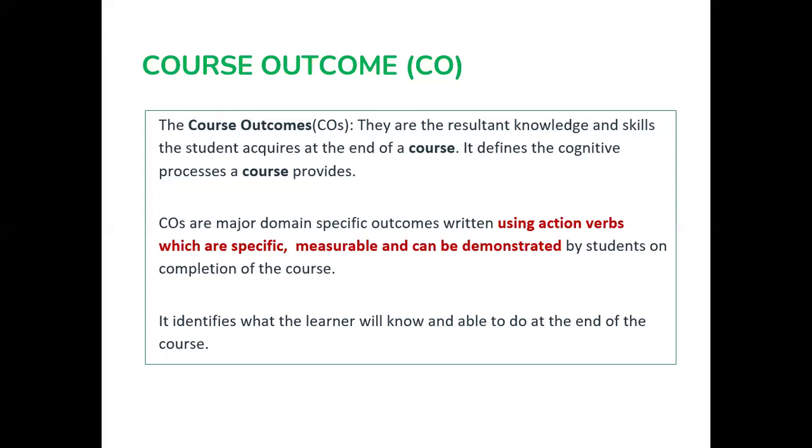During the course itself, the student should be learning many things, and the faculty and the student both should focus on the outcomes, on how each student can attain the outcome. That should be our focus as faculty, whereas the student also should focus on attaining the outcome.